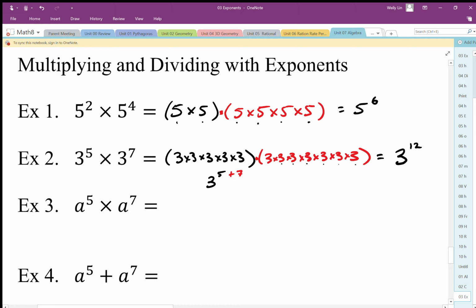And so we can come up with this general rule then. If I'm multiplying and the bases are the same, I can just figure out the new exponent by adding the exponents. So a to the 5 times a to the 7, since it's connected by times, I can just count 5 a's and 7 more a's, and I can get 12 a's.